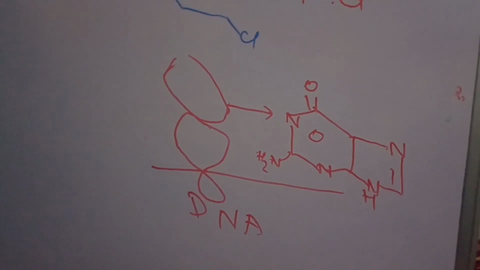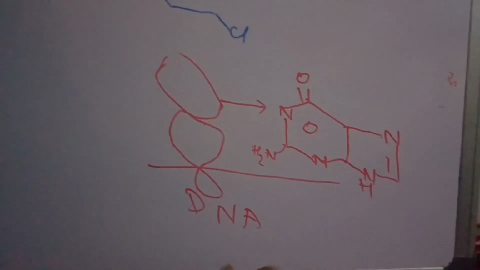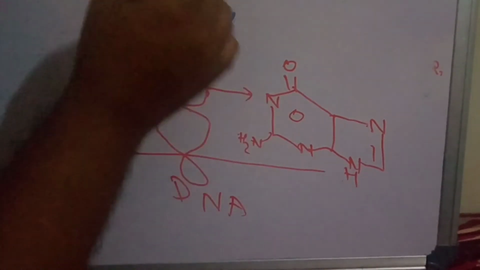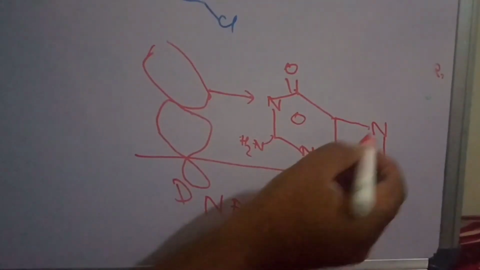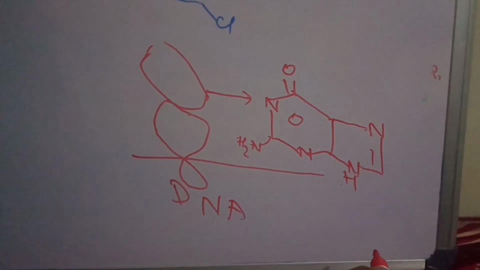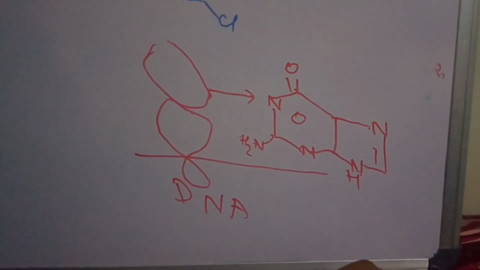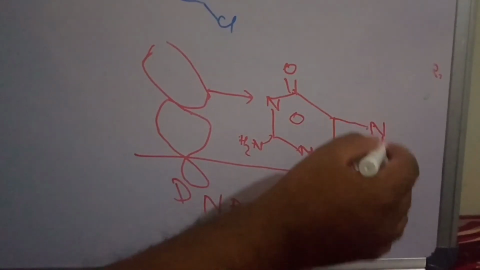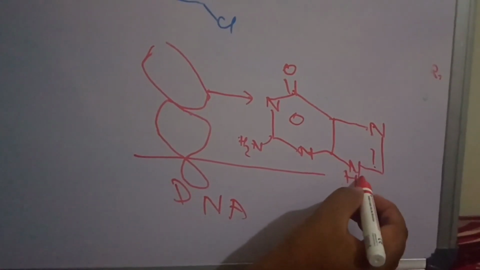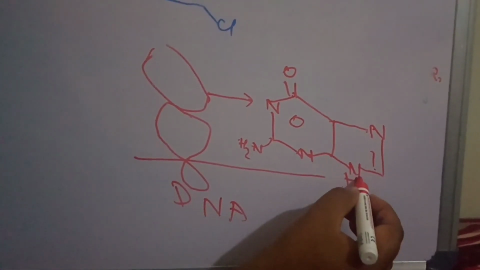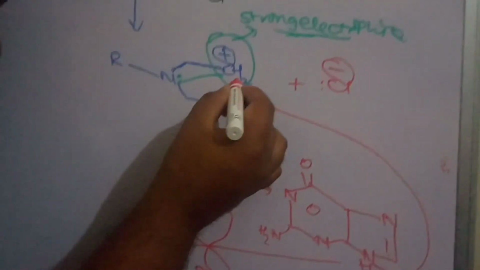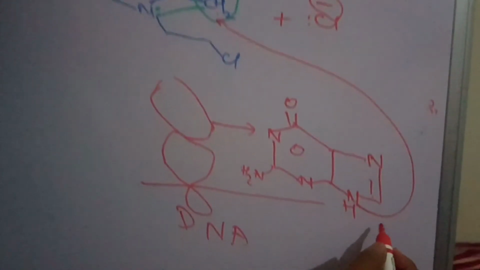Now generally this electrophile and the seventh position, 1 2 3 4 5 6 7, the seventh position containing the lone pair of electrons, will go and attack these electrophiles because this is the nucleophile.